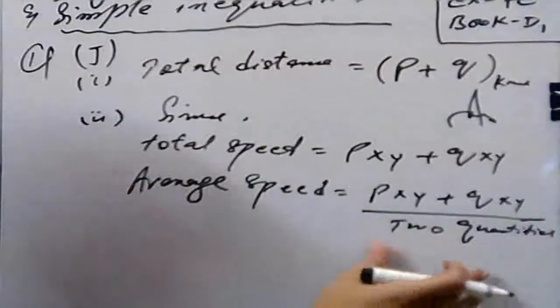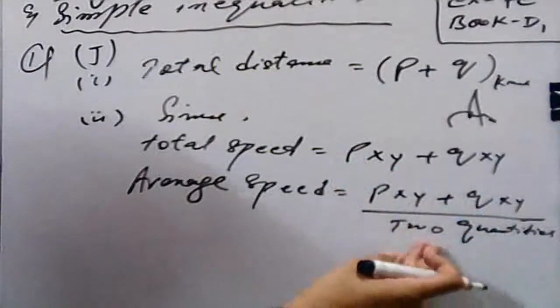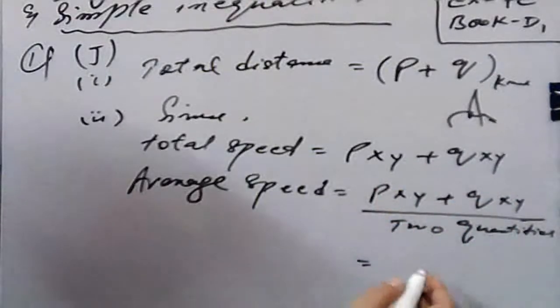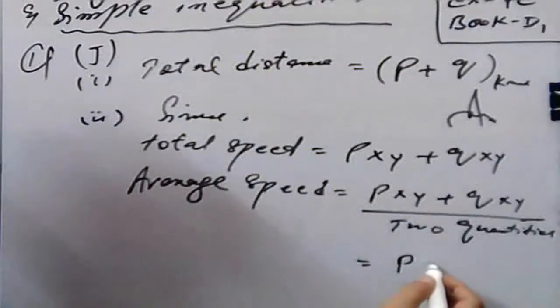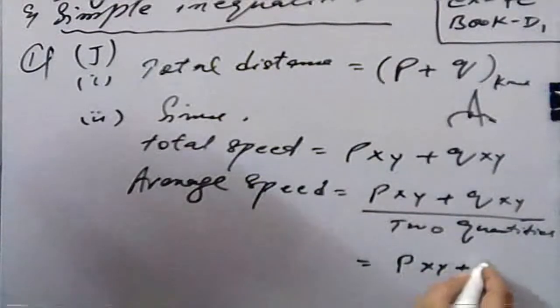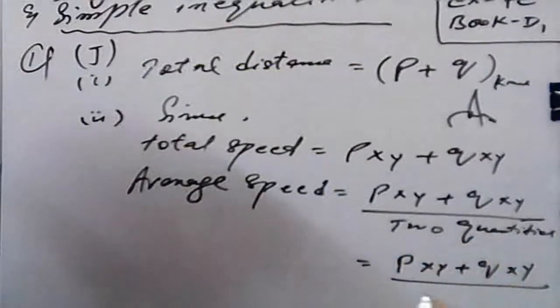So for average speed, you can see here, that is px plus qy, that is your total speed, divided by 2 quantities. So here you have two quantities. That is the formula to find the average of anything. If you would like to find the average of 3 quantities, you should divide by 3.